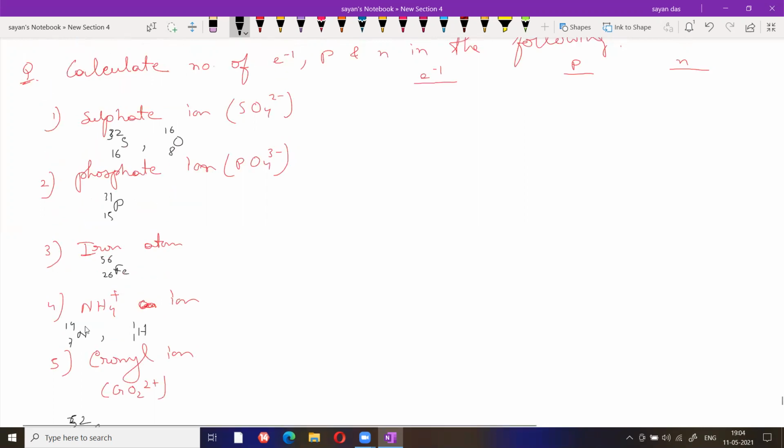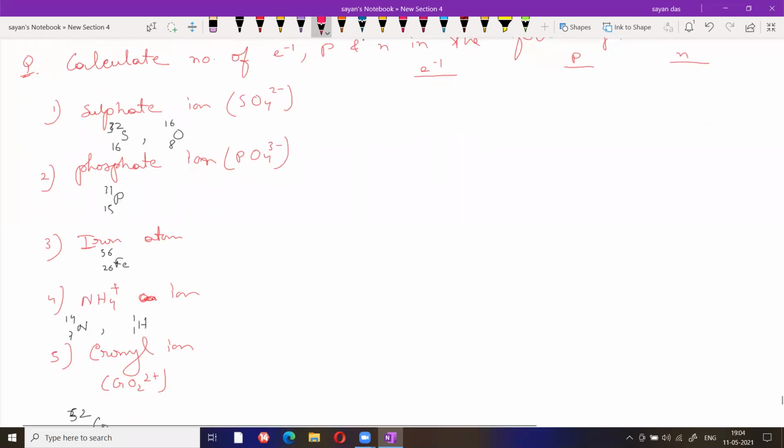Okay, I am solving one question. Look, how to calculate number of electron. This one is a proton number. This one is also proton number. And proton number equals electron number. So number of electron for sulfur is 16. For oxygen, how many oxygen is present? 4. That's why I am writing 4.